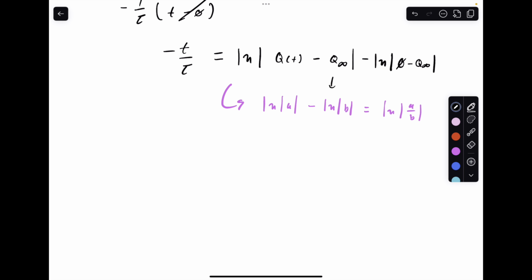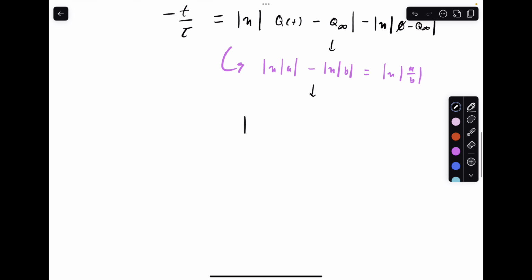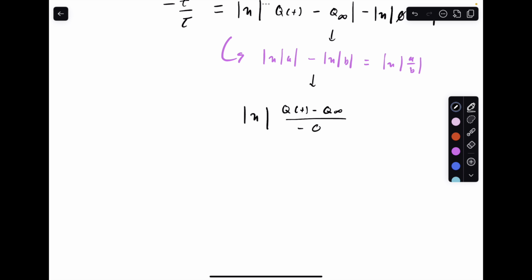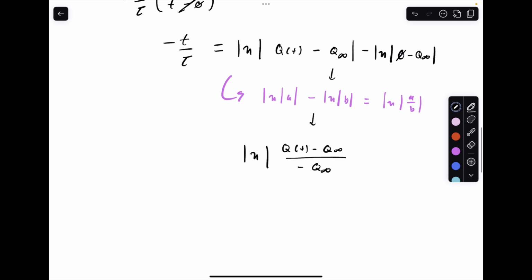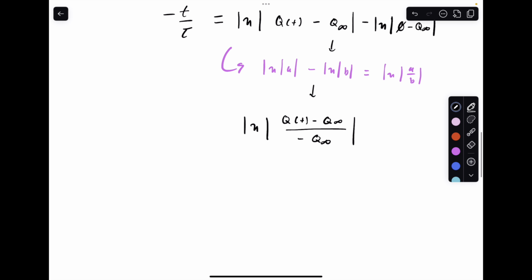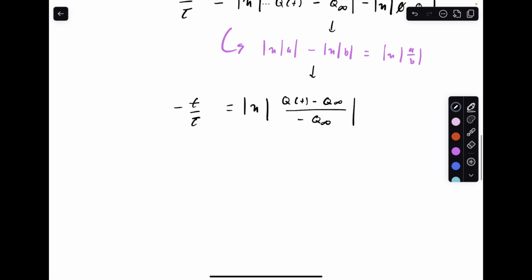And applying that to this right-hand side, we can combine these two logs to get ln of q of t minus q infinity, divided by negative q infinity, right? Because that 0 makes it as if we just took out that 0, right? It's the same log. And now that's our right-hand side, and we'll set that equal to our left-hand side, negative t over tau, right?